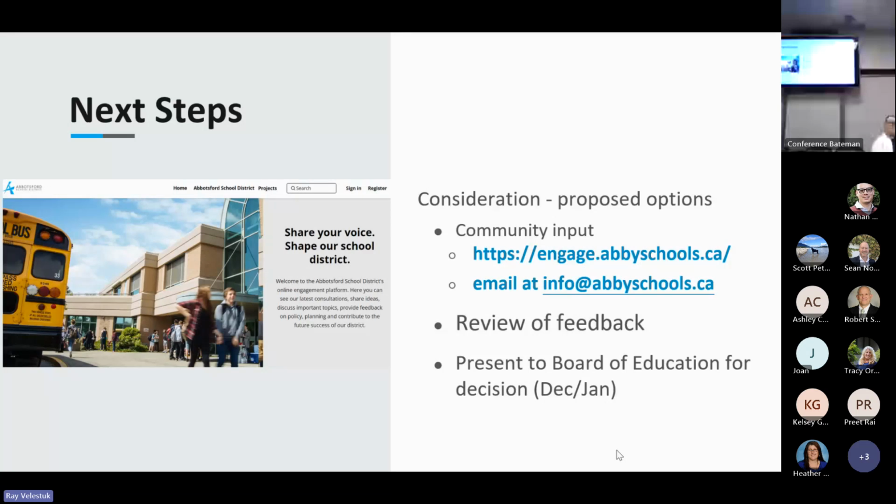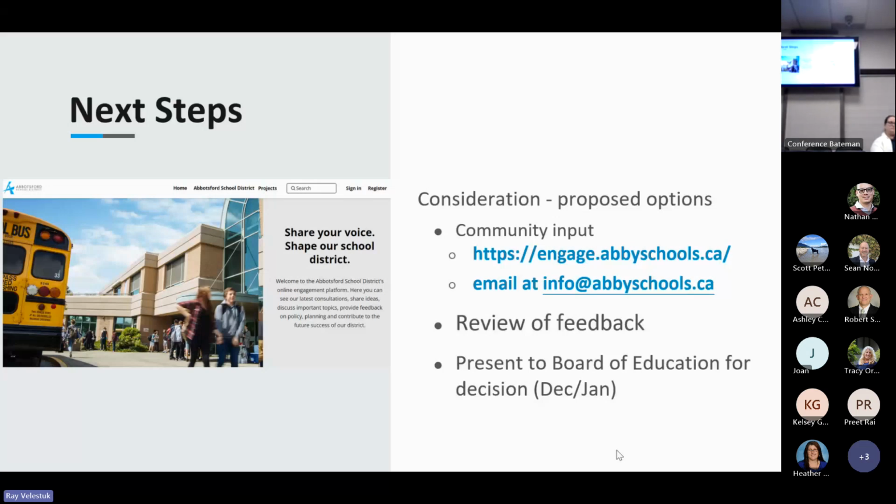So if you don't want to go to the engagement site and you want to ask a question about the boundary review or give a comment, you can choose that as well. Both will work. We will close the feedback, I think, close to the end of November, and then have something back to the board. Depending on the volume of feedback, the report might go to the board in December, and it might go in January.